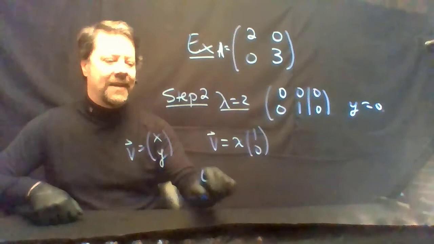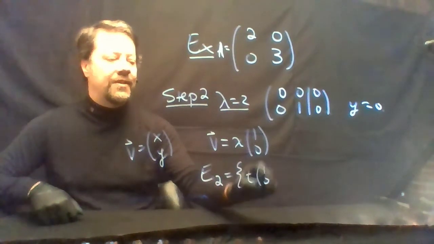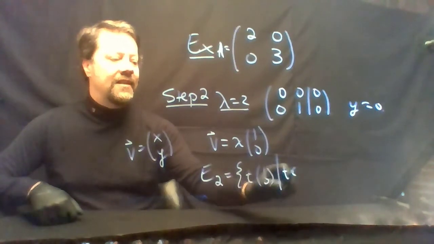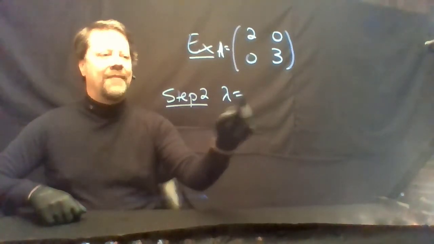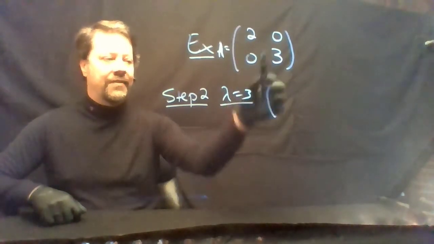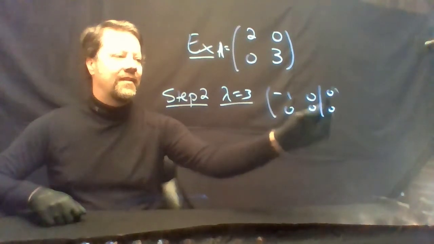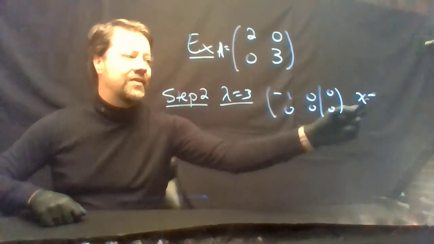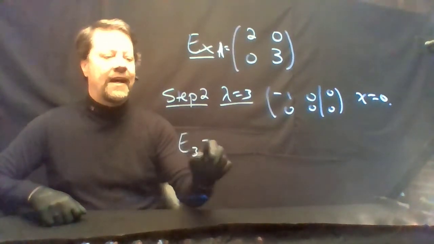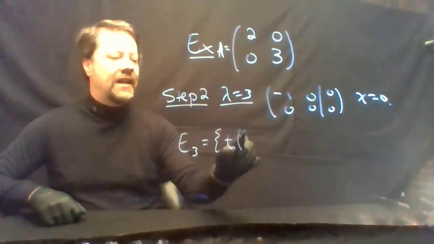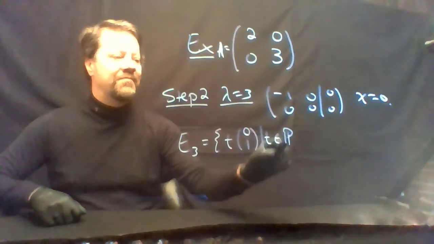That means the eigenspace, E2, is the set of all t times (1, 0), such that t is an element of the set of real numbers. For lambda equals 3, we subtract 3 from the diagonal elements. And this one tells us that x is 0, and y is unconstrained. So our eigenspace will be the set of all t times (0, 1), such that t is a real number.